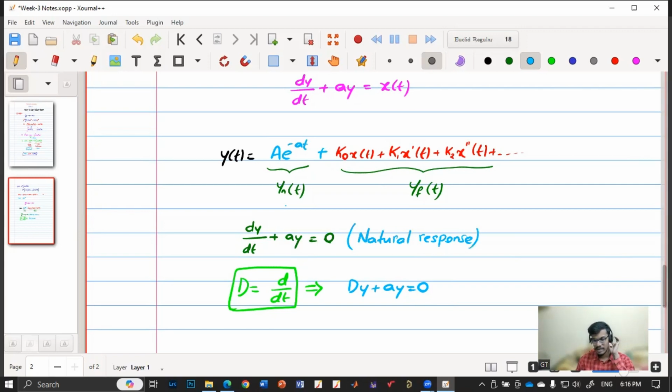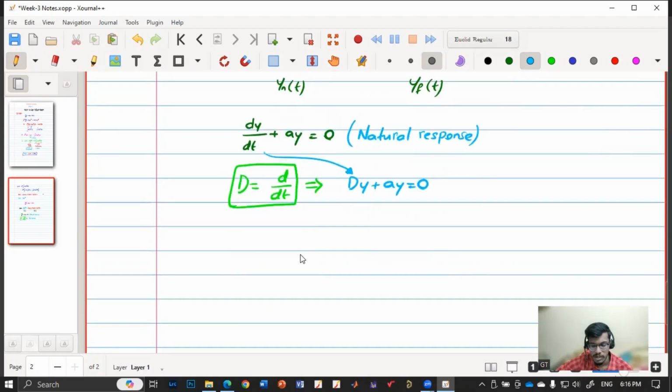So if I say Dy, it is nothing but dy by dt. From here, I am getting this expression. Even though it is an operator, we'll consider it as some variable because that is according to the rule. So now I can write this as (D plus a) into y equals 0.